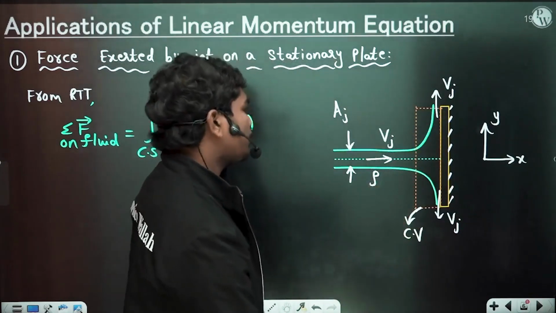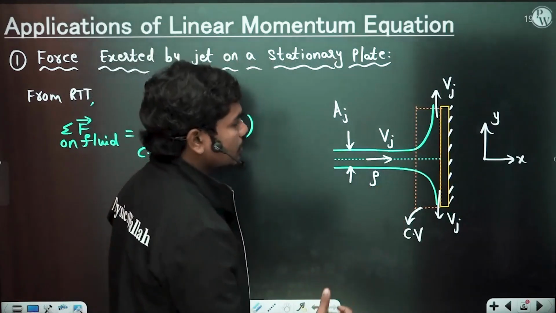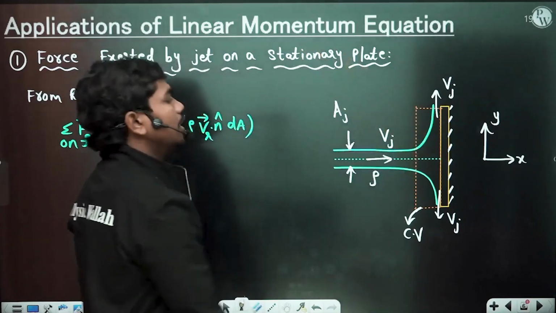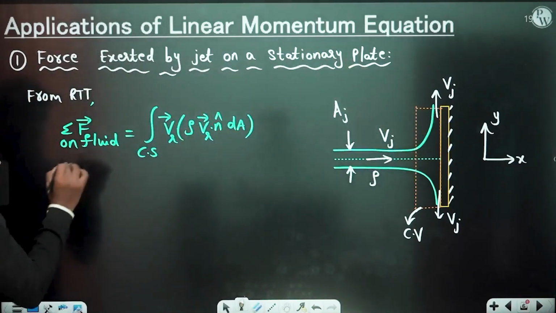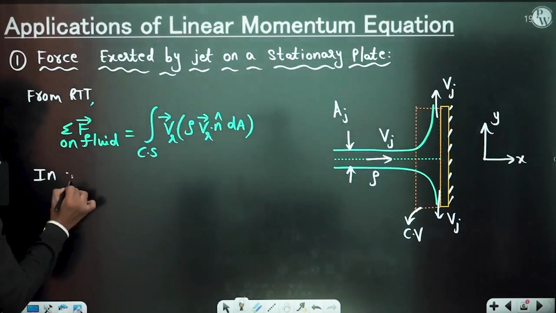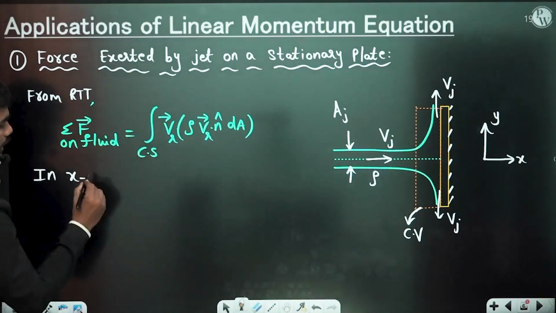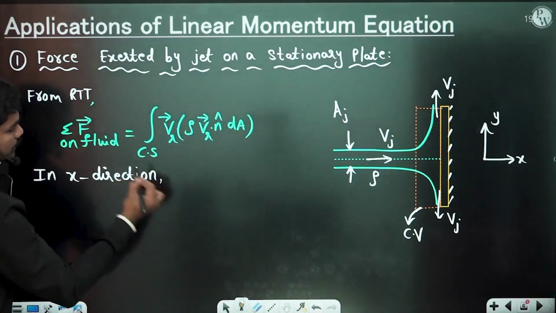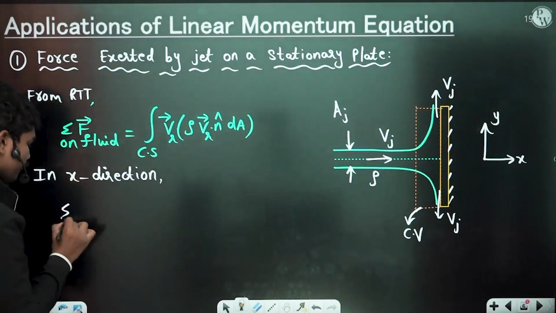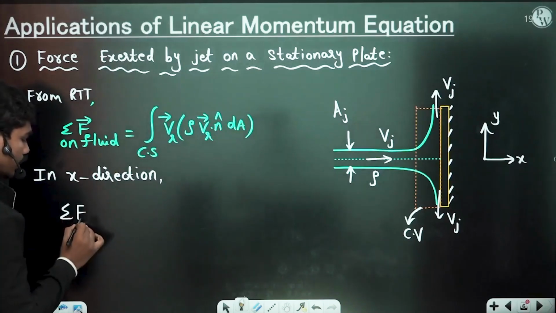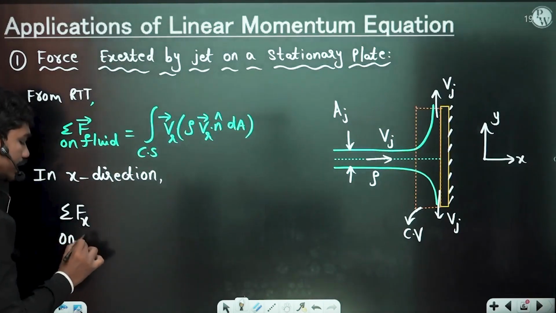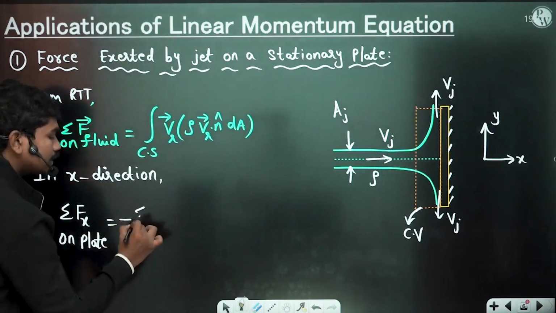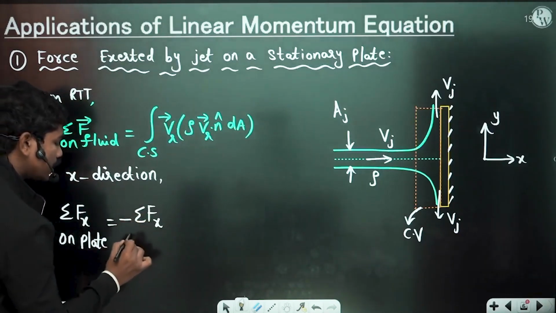So if you want to calculate the force exerted by the jet on the plate in the x direction, this is a vector, so resolve in the x direction. The net force acting in the x direction on the plate is nothing but minus the sum of forces in the x direction on the fluid.